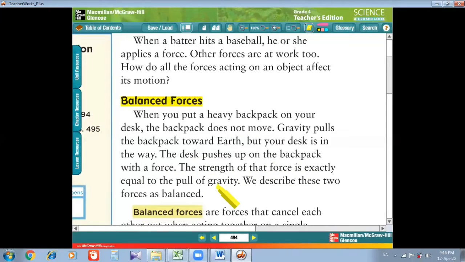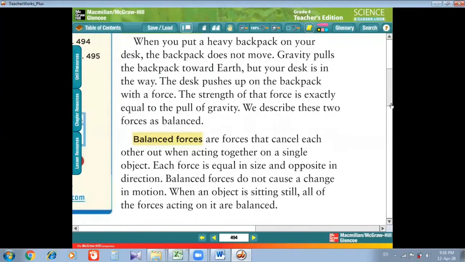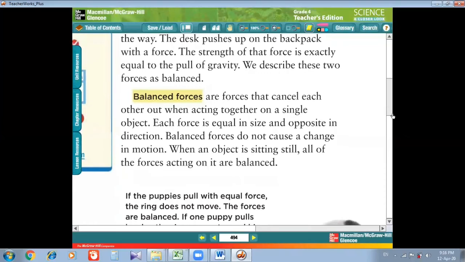So these two forces are balanced and the bag will not move. We describe these two forces as balanced.